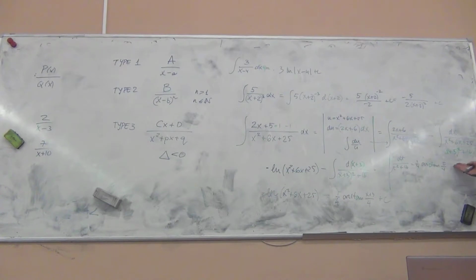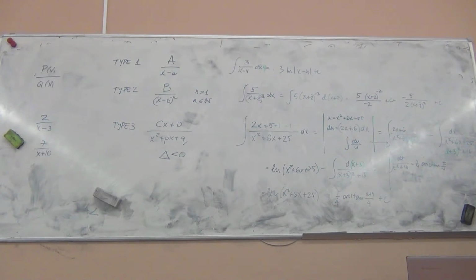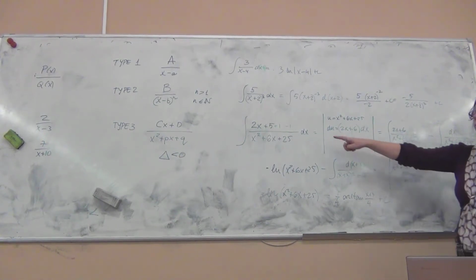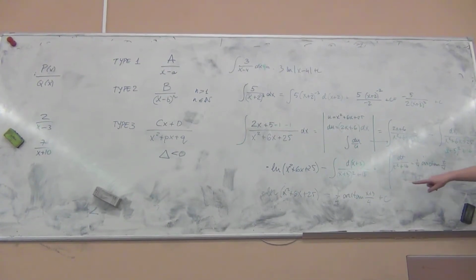So this is what I get when I integrate a type 3 partial fraction. Basically, in general, the integral of a type 3 partial fraction results as a sum of two integrals: the logarithm of the denominator plus or minus the arctangent of something that is constructed from the denominator, this expression x plus 3 over 4.